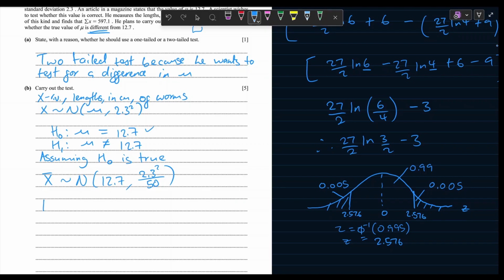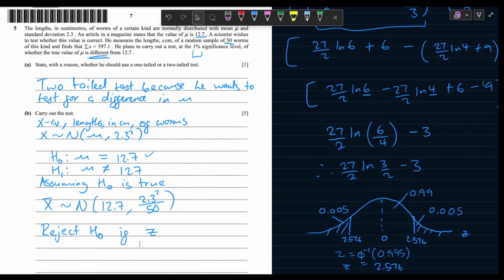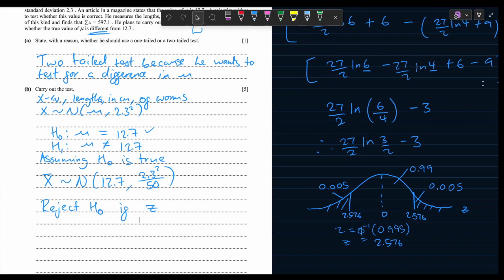So we can say that we reject H naught if the Z that we end up calculating using the information from the scientist's sample is within these shaded regions, then we reject H naught.